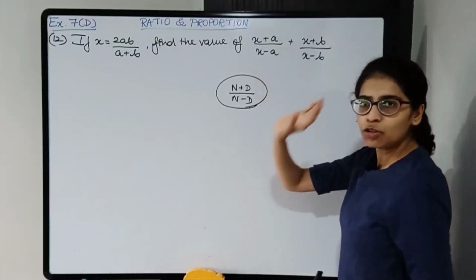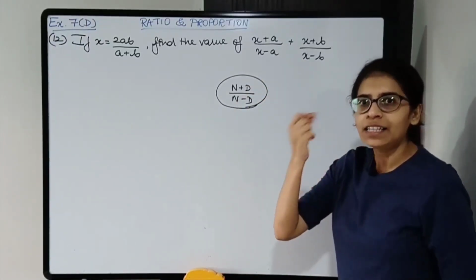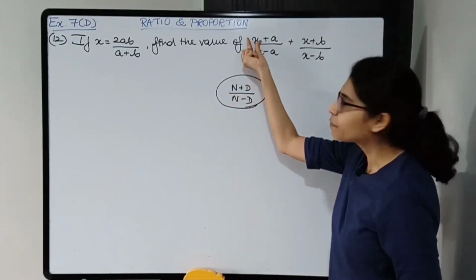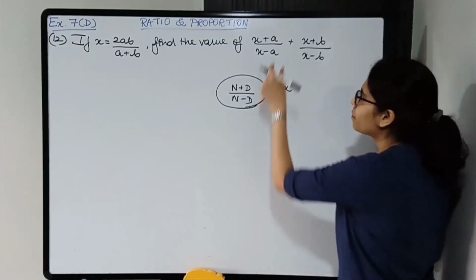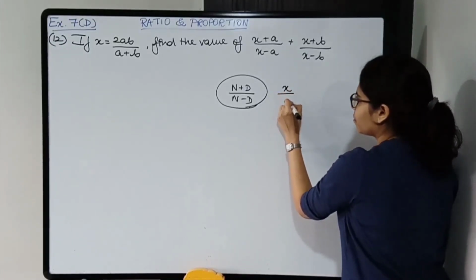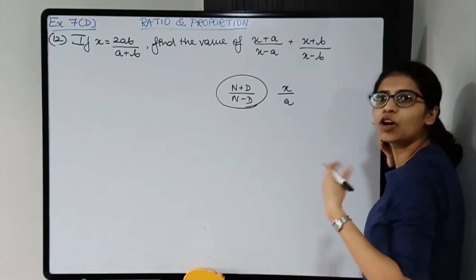So I need to apply componendo dividendo. Okay, but for that I need a numerator and I need a denominator. What will be the numerator? X. What will be the denominator? A. A will be the denominator. So I need x upon a. Once I get x upon a, I can apply componendo dividendo.